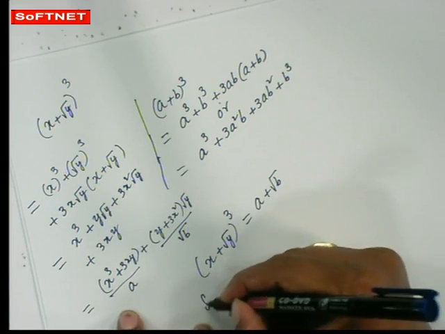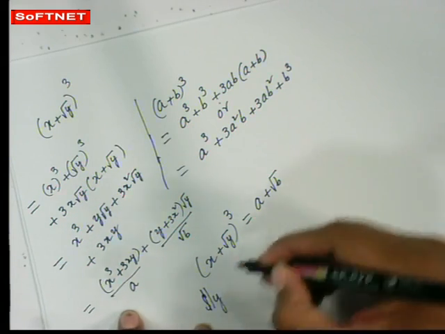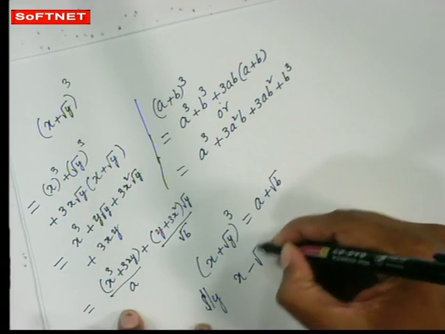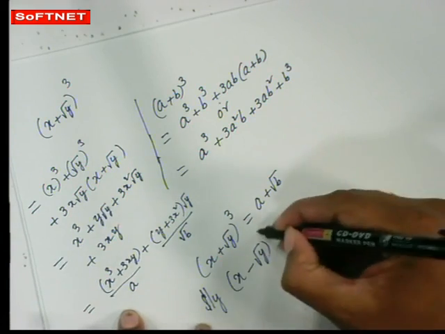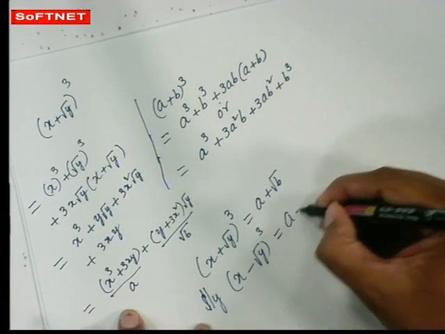Similarly, do you expect the value of (x minus root y) whole cube? Yes, we can expect it. (x minus root y) whole cube is nothing but a minus root b, which is the conjugate of a plus root b.